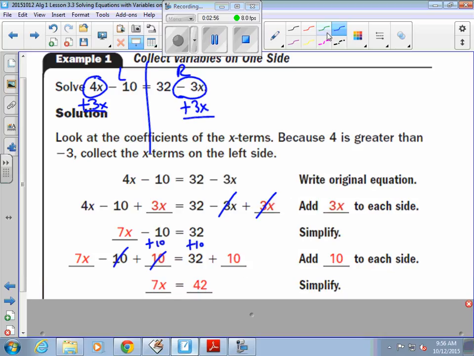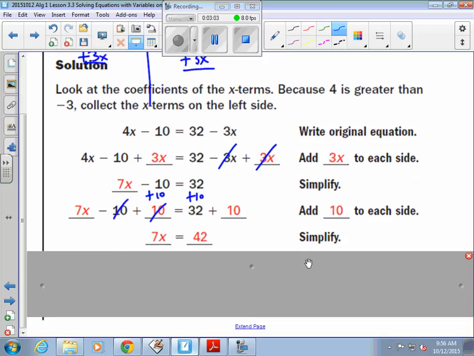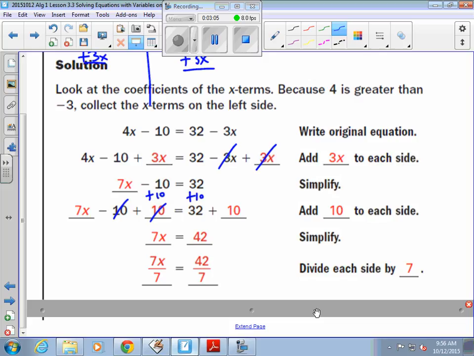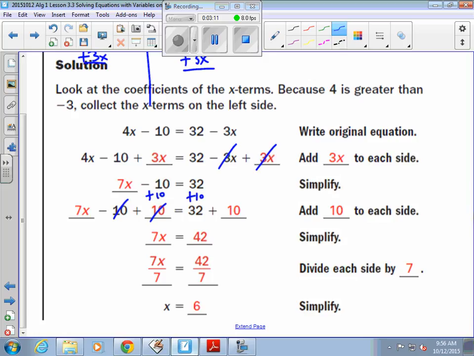Then it's as simple as undoing the multiplication of 7 times x. So divide by 7. And when you divide each side by 7, because you have to do the same thing on both sides, 42 divided by 7 we know is 6. So x is 6. So now we have a value for x.